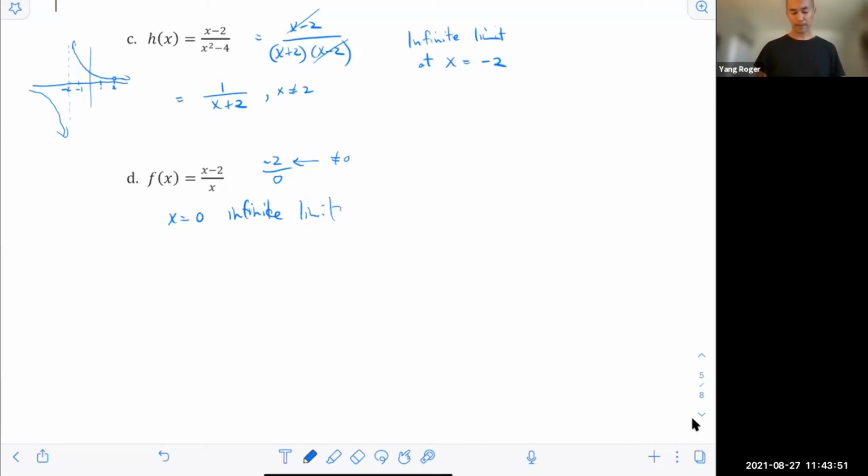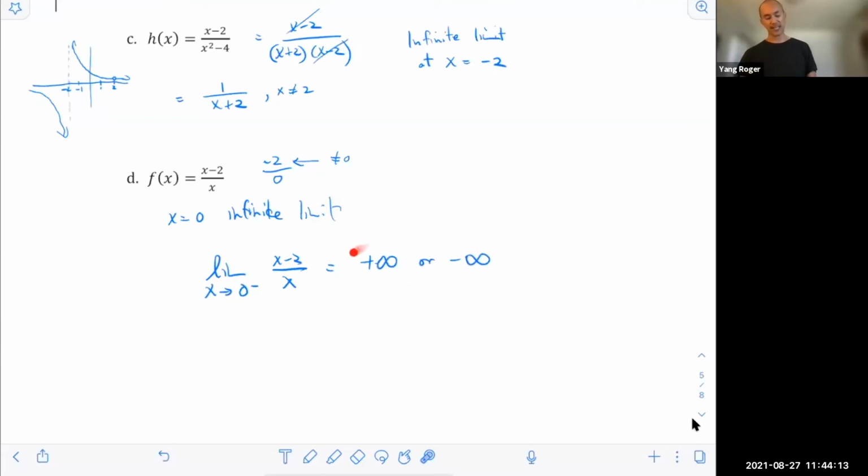Okay. So let's check. Let's say I took the limit as x approaches 0 from the negative side, x minus 2 over x. Do you think this is going to be positive infinity or negative infinity? Let's take a second.